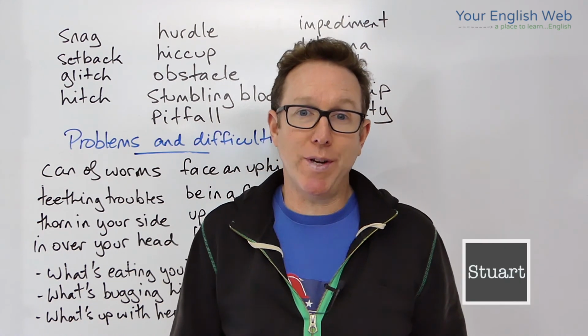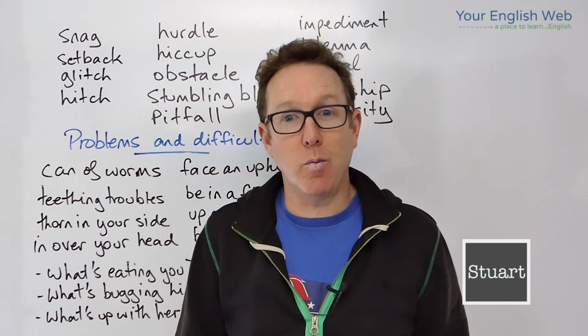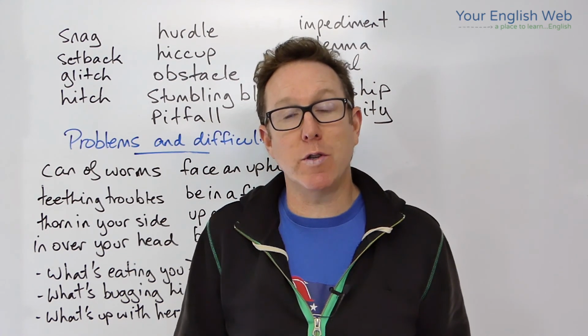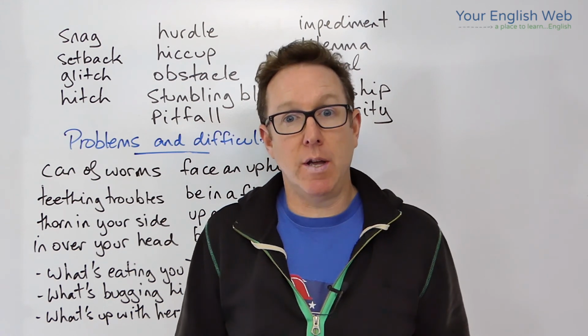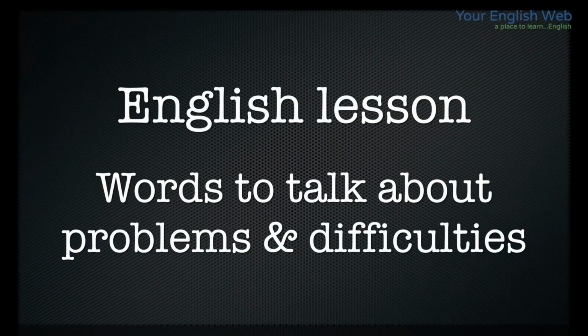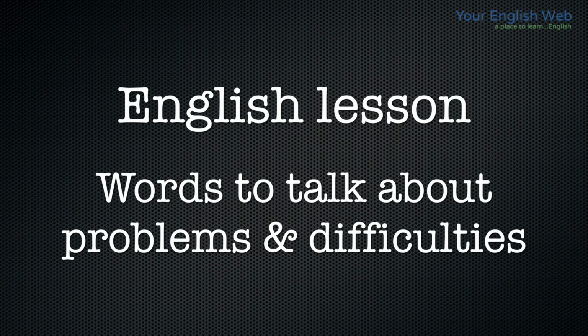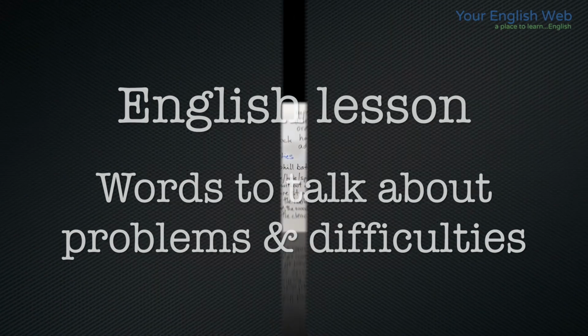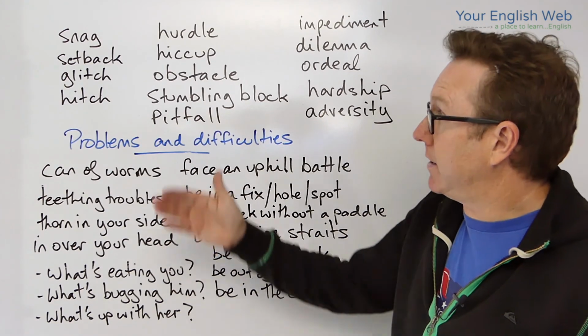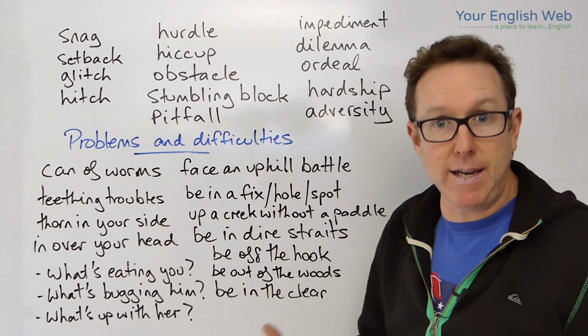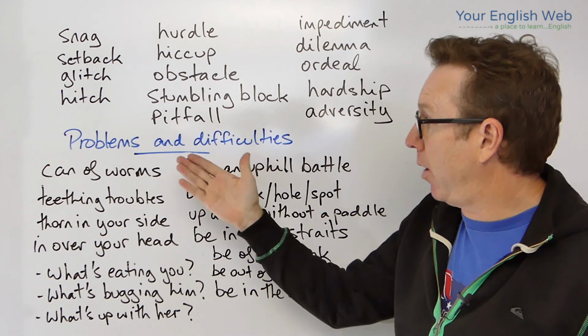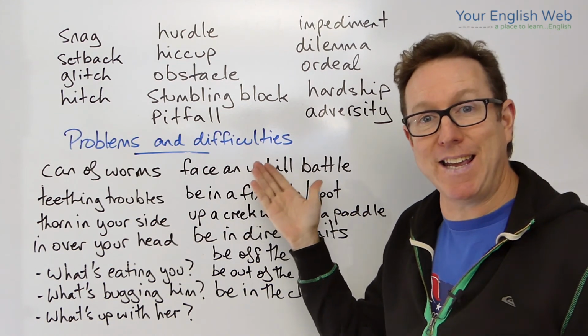My name is Stuart. In today's lesson, we're looking at words and expressions we can use to talk about problems and difficulties in English. Let's go to the intro. Now, as I said, today's lesson is looking at words and expressions, idioms, to talk about problems and difficulties in English.